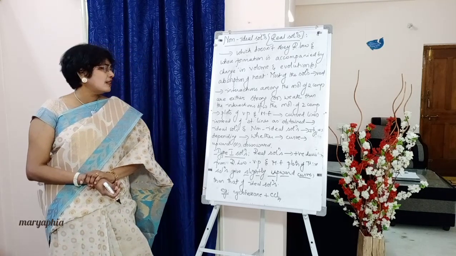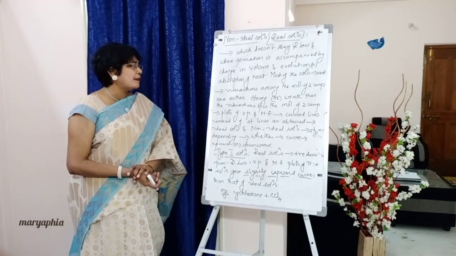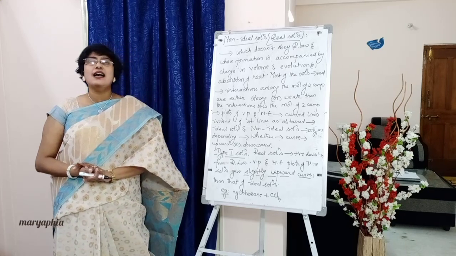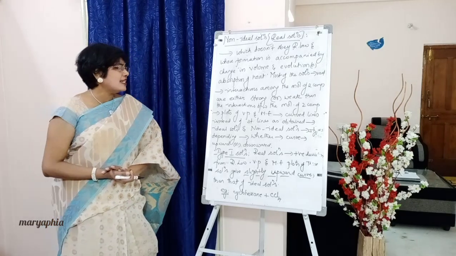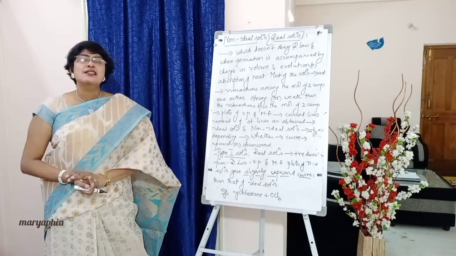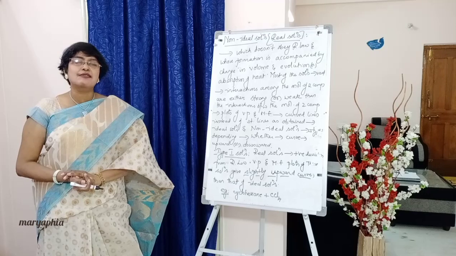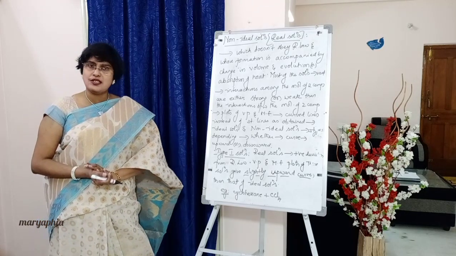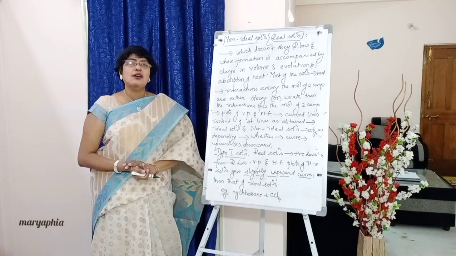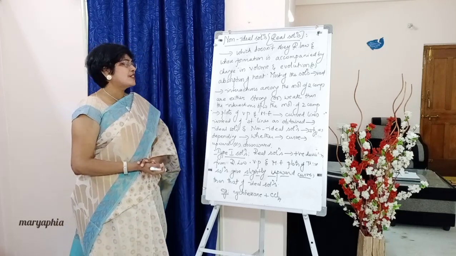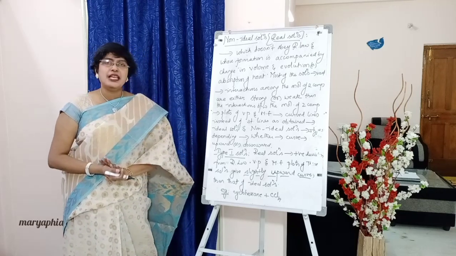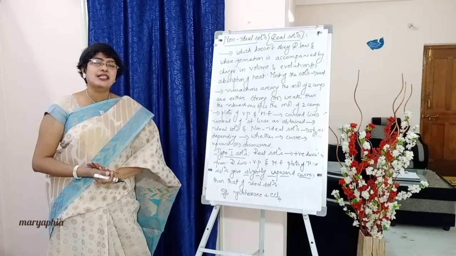So that's the third point: plots of vapor pressure and mole fraction are curved lines instead of straight lines as observed in the case of ideal solutions.